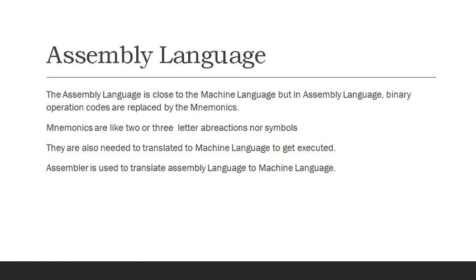Assembly language. Assembly language is close to machine language, but in assembly language, binary operation codes are replaced by mnemonics. Mnemonics are like 2 or 3 letters. It can be alphabets, it can be numbers, or it can be both, but not symbols.